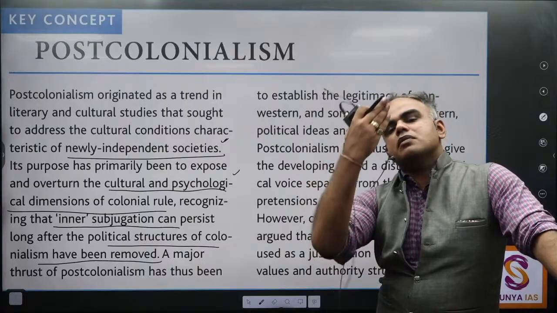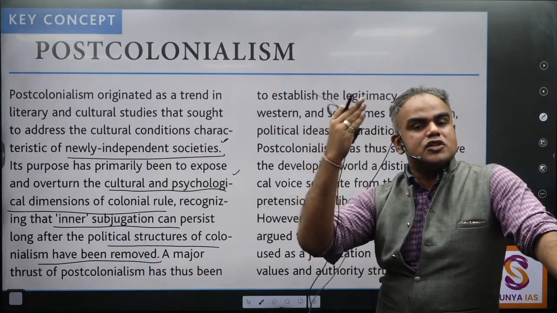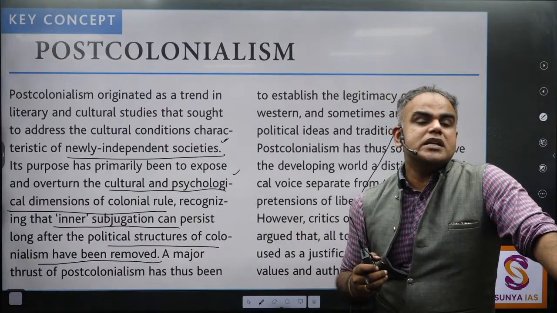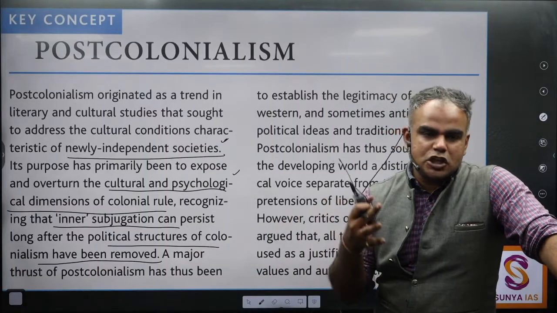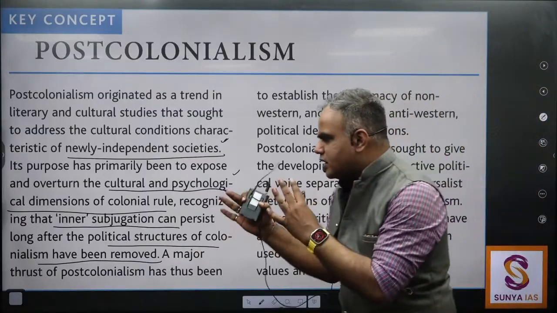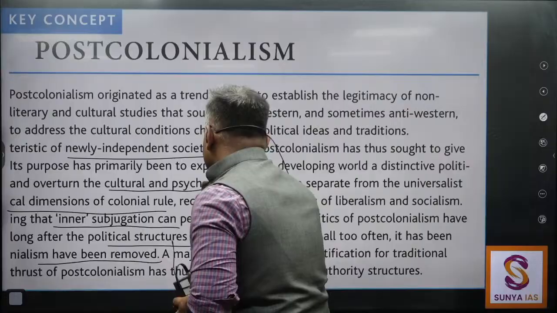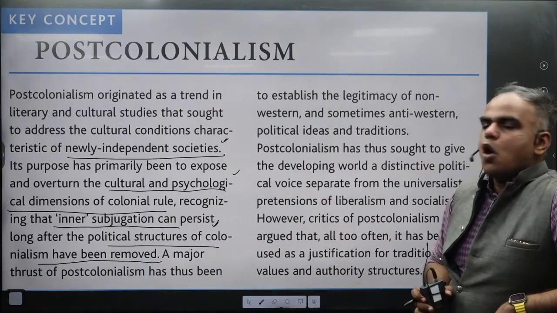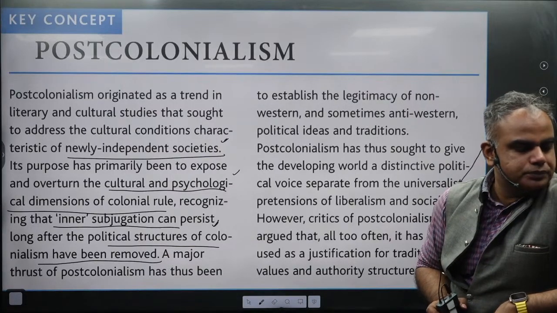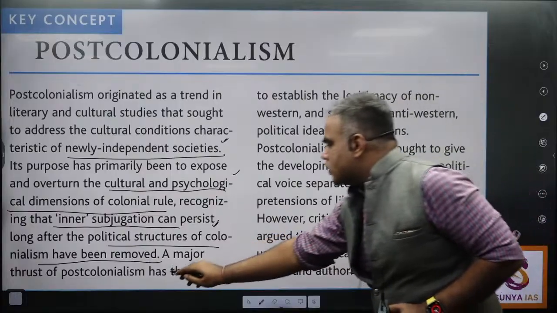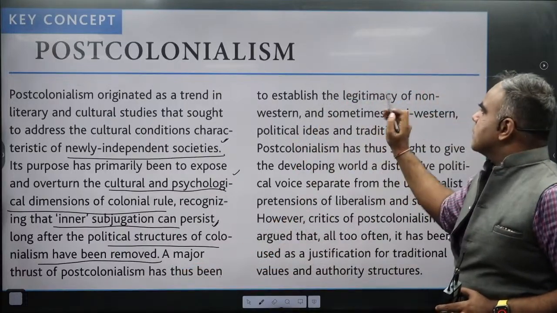But imagine the terms of the 1860 IPC were still continuing to be used. We say so many terms that are draconian, sedition law, which was again way back in the colonial times. So there is a lot of colonial hangover. So main thing is that a lot of these things persist even after the political structure of colonialism has been removed. ठीक है?